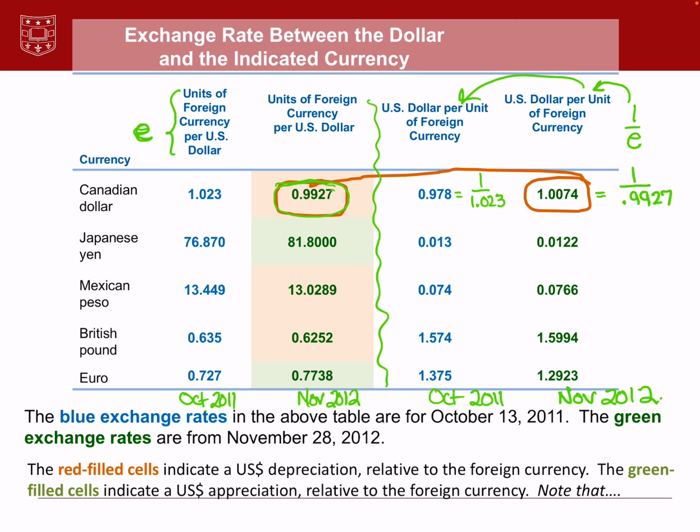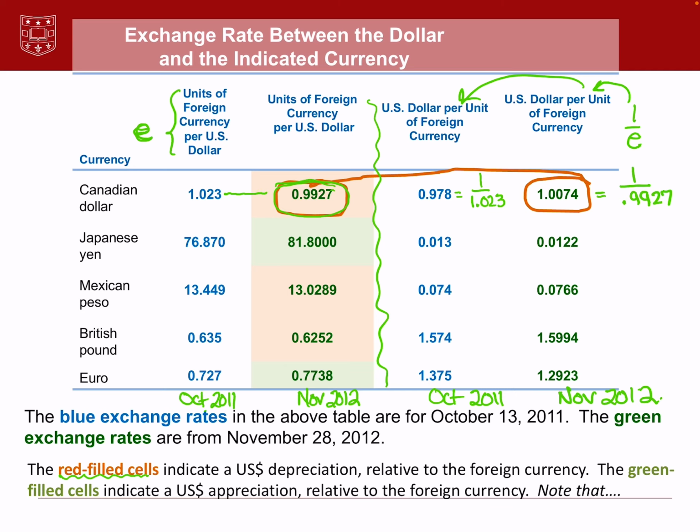You can observe that, of course, these exchange rates change from 2011 to 2012. Sometimes in bilateral terms, the dollar appreciates and sometimes it depreciates. So red-filled red, we should be viewing with generous spirit. So this is red.